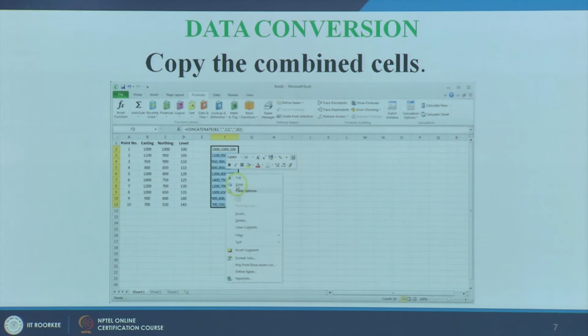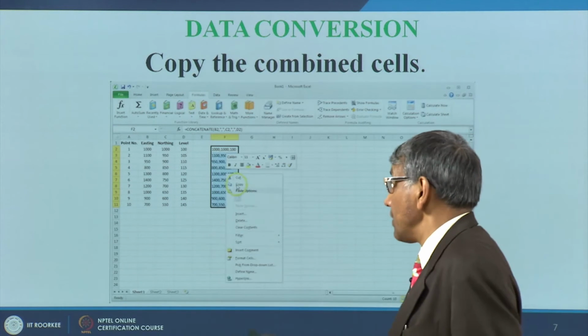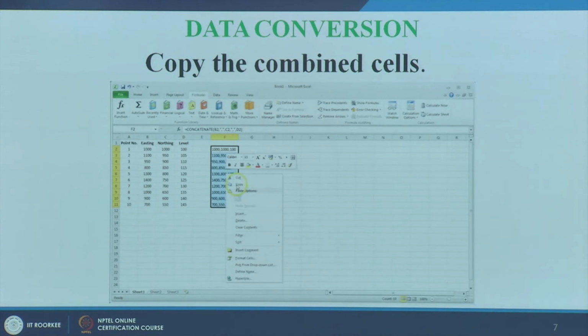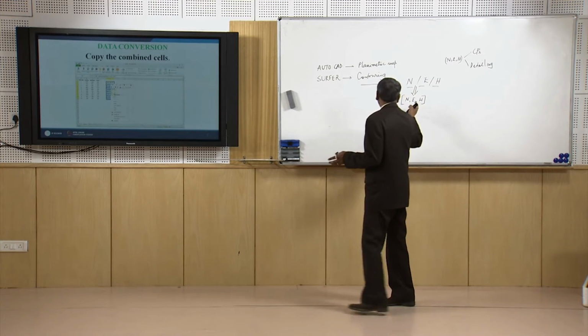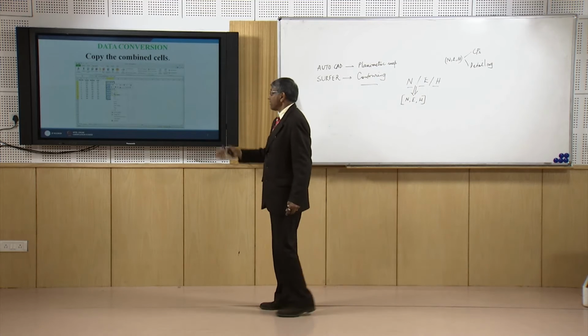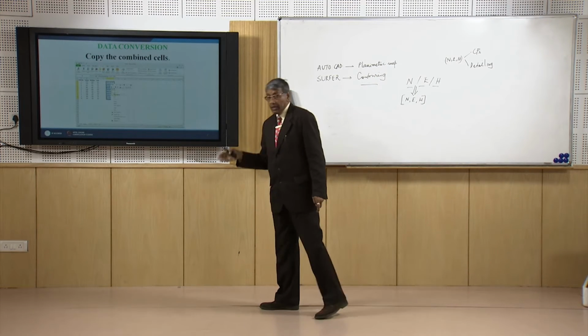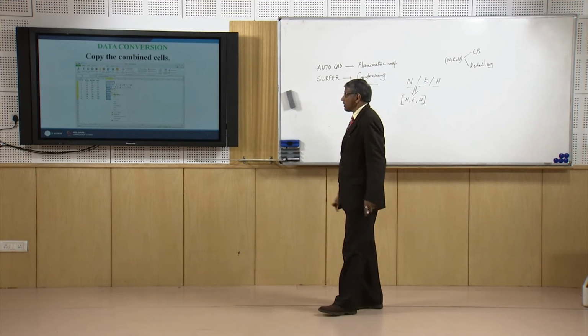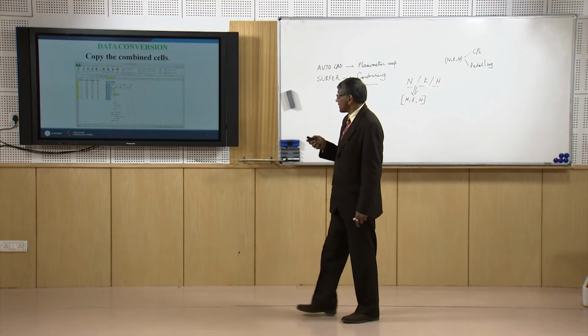Then all these data may be copied as a combined cell for further use. So this is the way we have to convert the data into the format the way our AutoCAD software will consider.